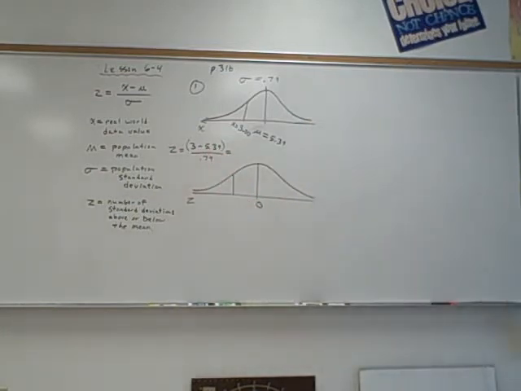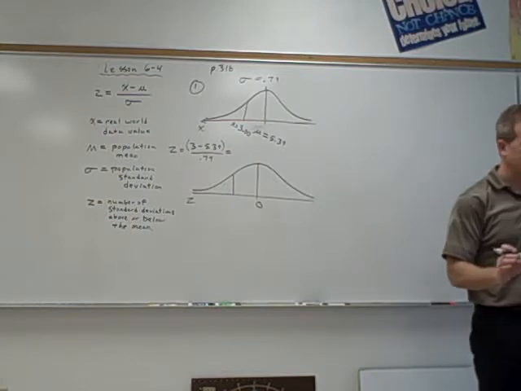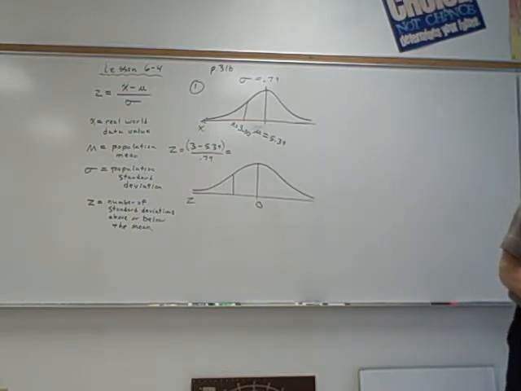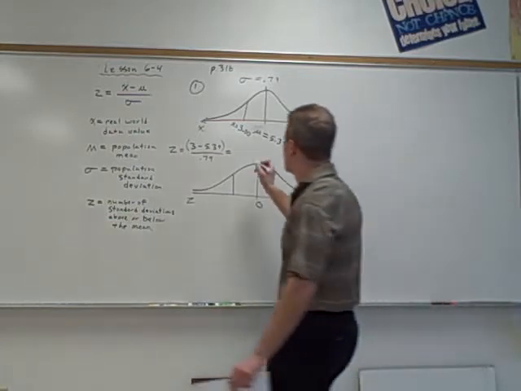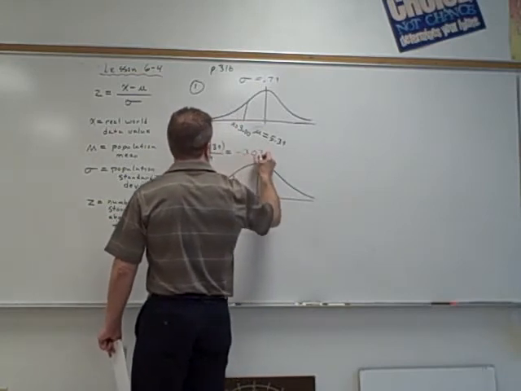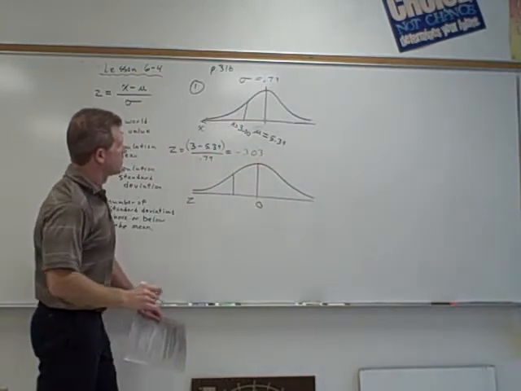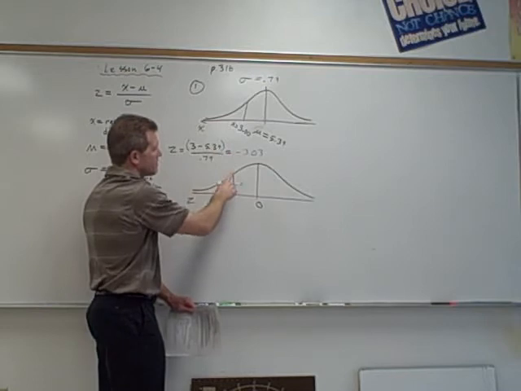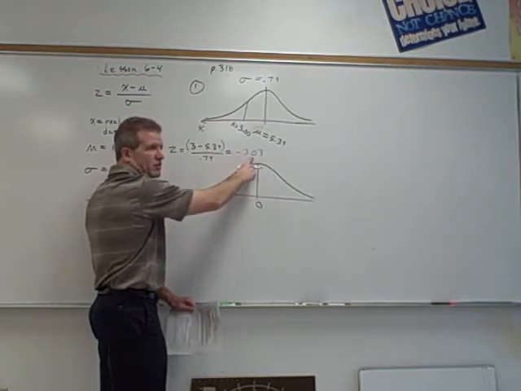So I can go parenthesis 3 minus 5.39, parenthesis divided by 0.79. So I'm at negative, z-scores we're going to round to 2 decimal places. So negative 3.03. My z-score. So $3 is a little more than 3 standard deviations below the mean.